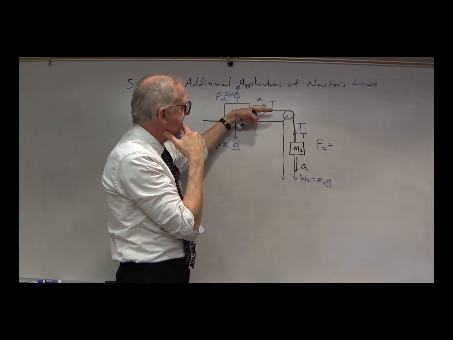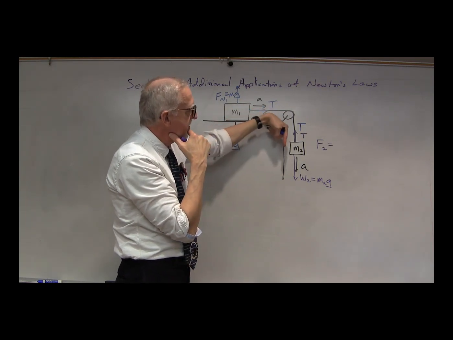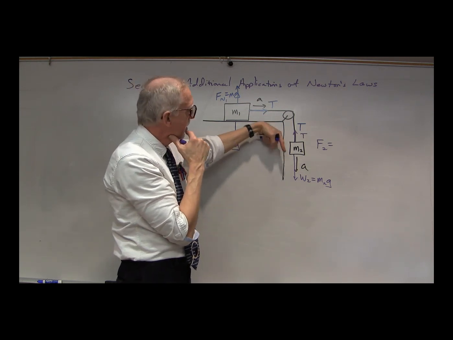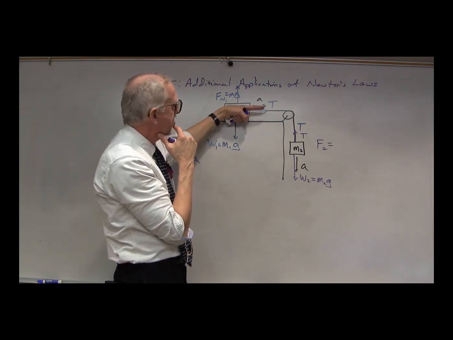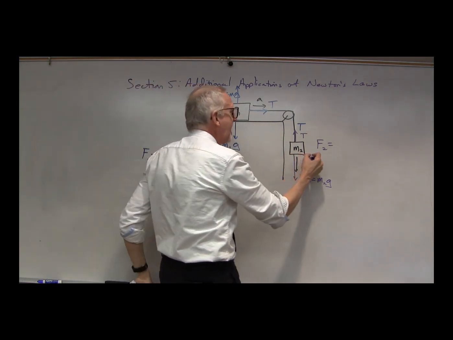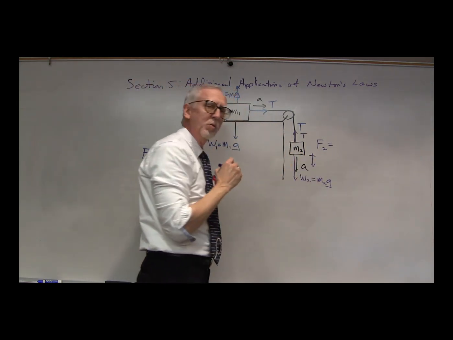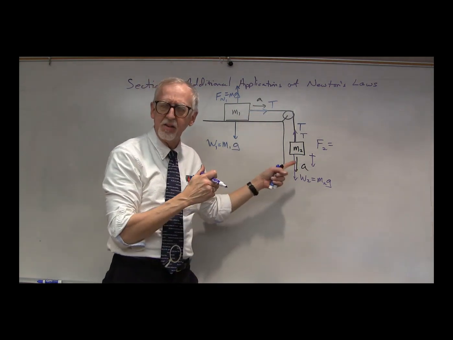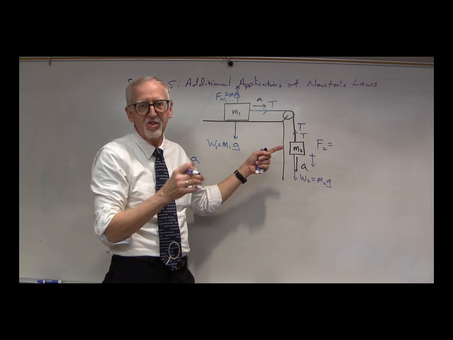If a positive motion for m1 is this way, then a positive motion for m2 would be down. So while we said that motion to the right for m1 was positive, let's say that motion down for m2 is positive. Or else we'll have to have one acceleration positive and one acceleration negative. That just makes it harder.